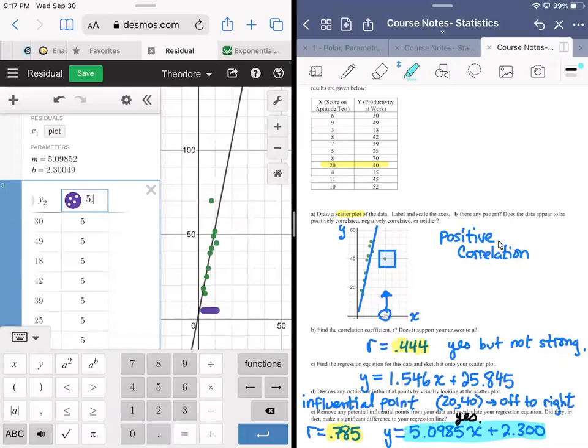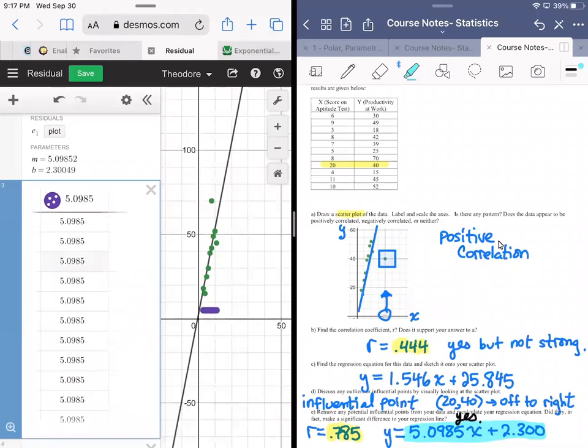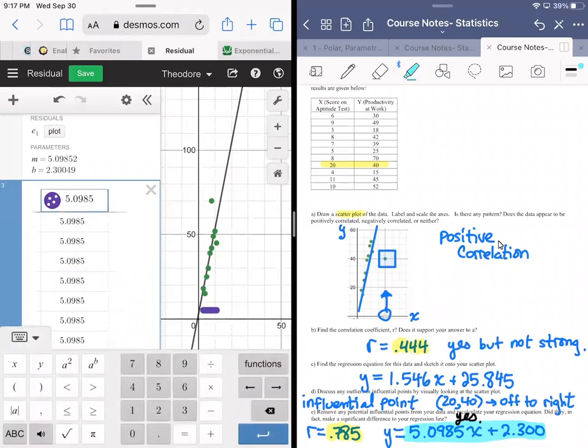But I just expanded the screen, and it's a little bit better. 5.0985. This I want to refer back to x2. And then I'm going to add to that 2.3.